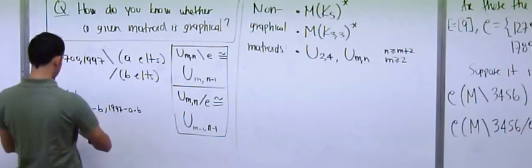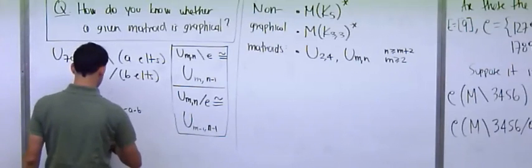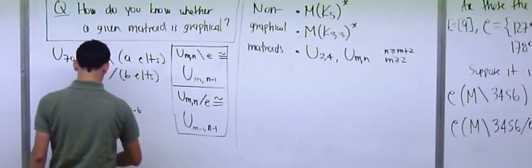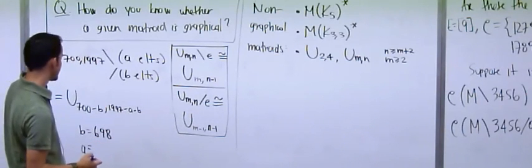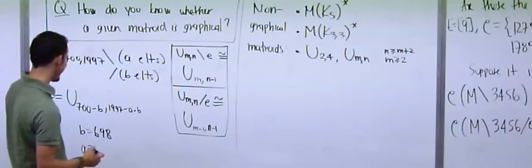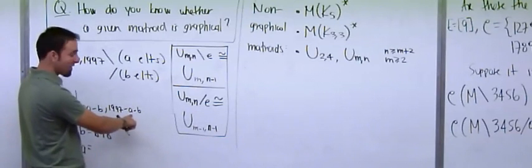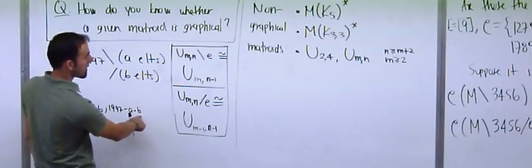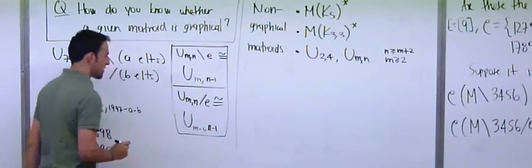So what I wanted is B equals, I want this guy to be a 2, so 698. And I wanted A to be, it's impossible. 1997 minus 698 is 999. So I want 995. It's the hardest thing we've done today.